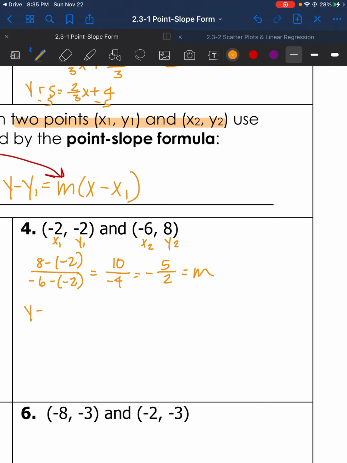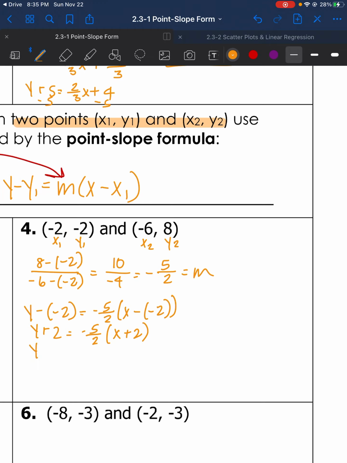So we'll put this into our formula. y minus y1, which is negative 2, is equal to negative 5 halves times x minus x1, which is negative 2. Simplifying, y plus 2 is equal to negative 5 halves times x plus 2.